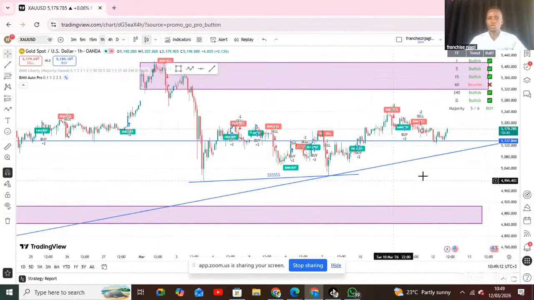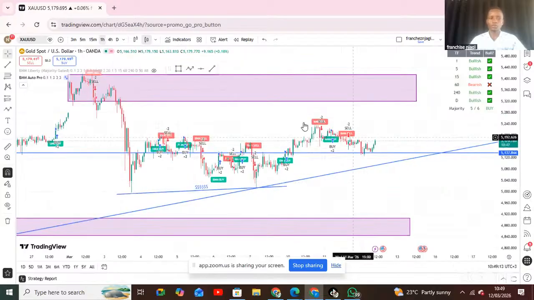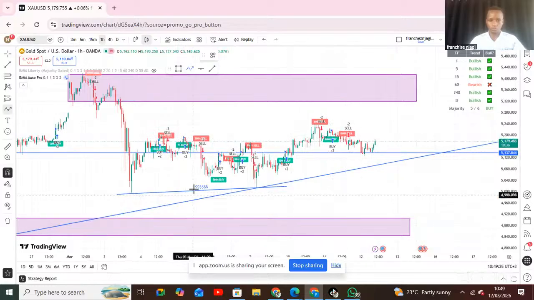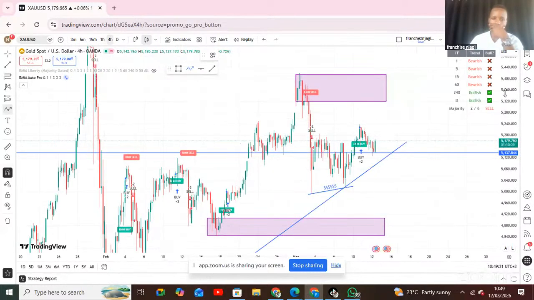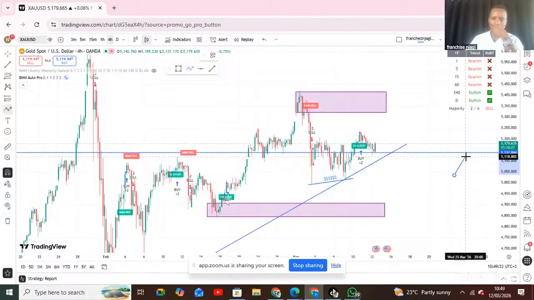So for all I'm anticipating today, it's the first idea I would be looking for. Let's see if the price decides. Let me see first on the 4 hour time frame. Let's see what it's creating here.